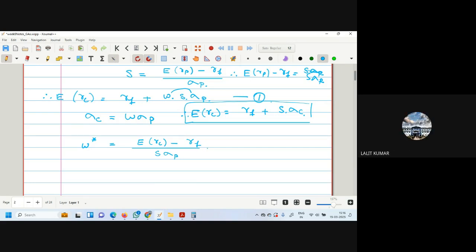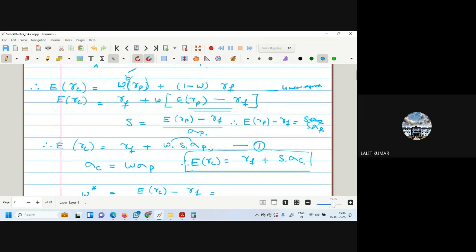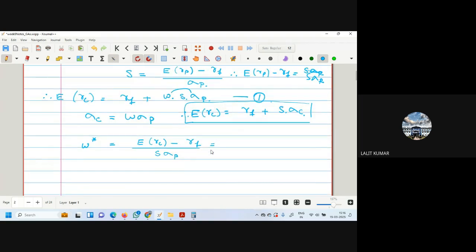Now, this ERC which is there, I can find from RF plus W into ERP minus RF. This was the formula. And I do RF, S into sigma P. Is this okay?